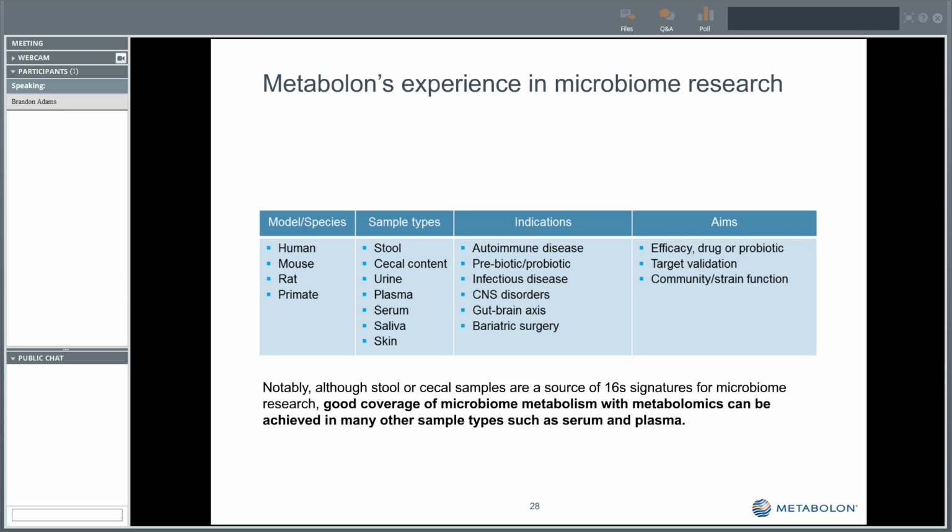So the first question is, what are the remaining challenges in the analytical approach taken by Metabolon? Well, while Metabolon is successful in doing metabolomics profiling, I think there are still many remaining challenges, and we could probably do a full webinar on that topic. The short answer is, how do we make this technology better, faster, and cheaper?